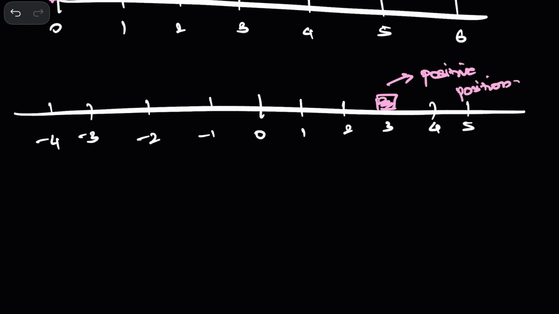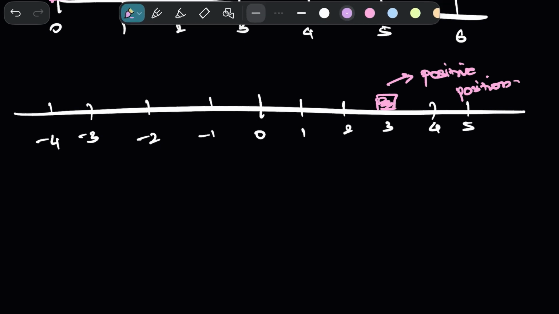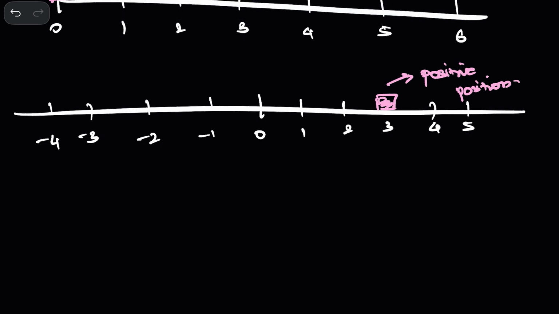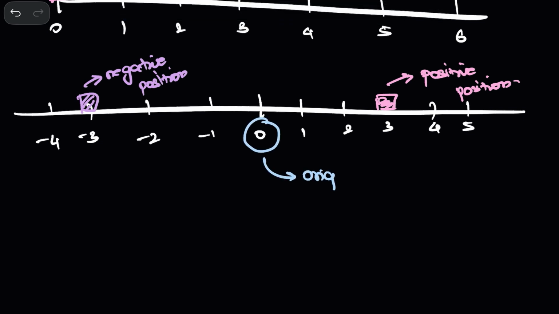And if I put my object on the negative side, to the left, then it has a negative position. And this 0 right here is the origin. This is the starting point.